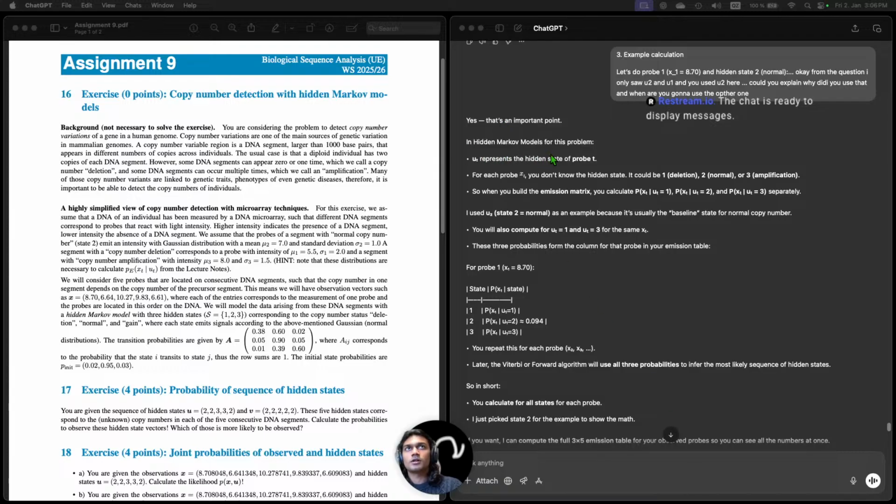In the hidden Markov model for this problem, u t represents the hidden state of probe t. For each probe, you don't know the hidden state. It could be 1, 2, or 3. There's no 3. Do we have a 3? Oh, there is. Okay.